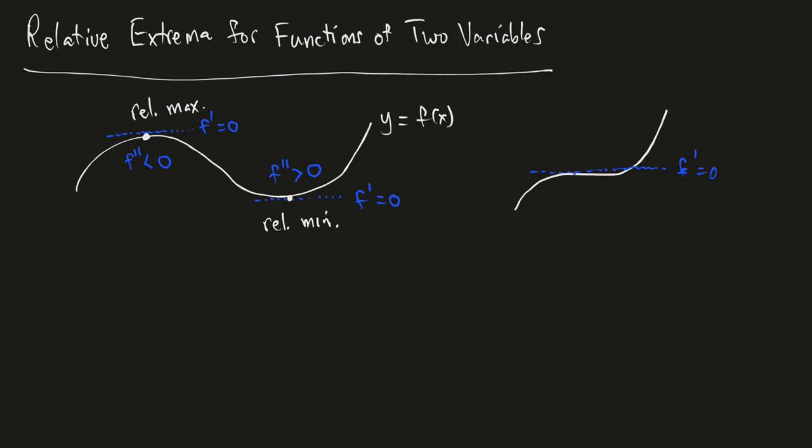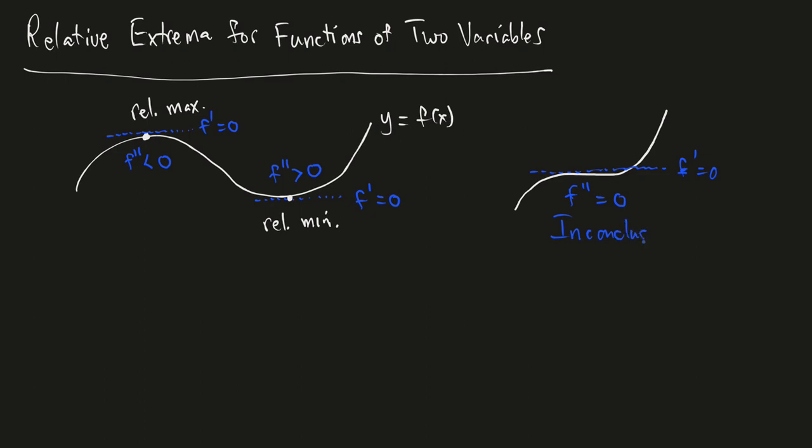But at this point, because the function has an inflection point, it's neither concave up nor concave down at that point. Like it's concave down here and then concave up there. So what happens is it turns out that your second derivative is also 0. So when that happens, basically, the second derivative test is inconclusive.